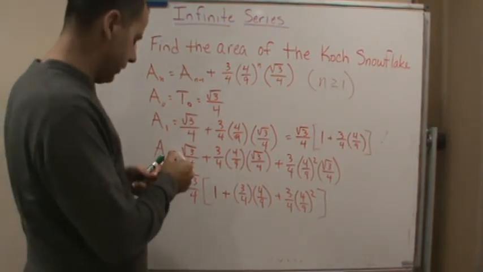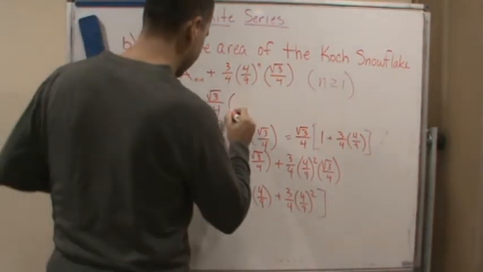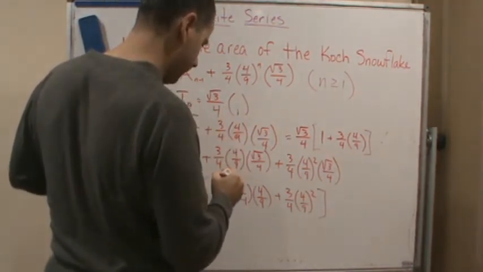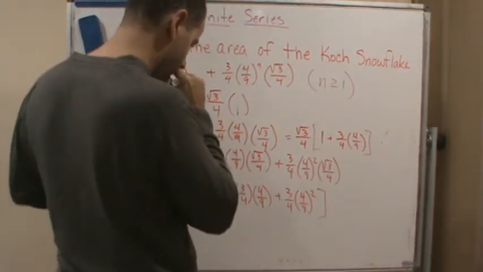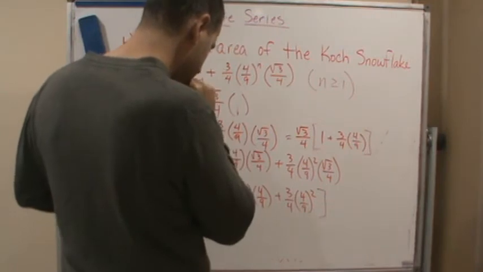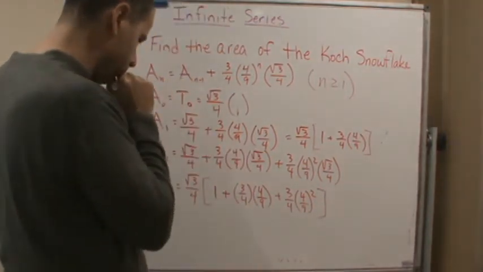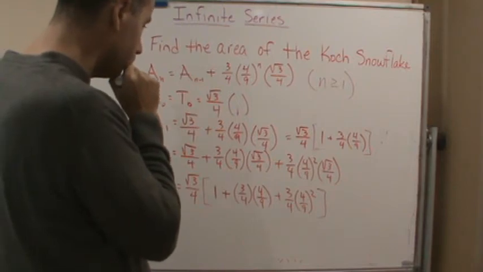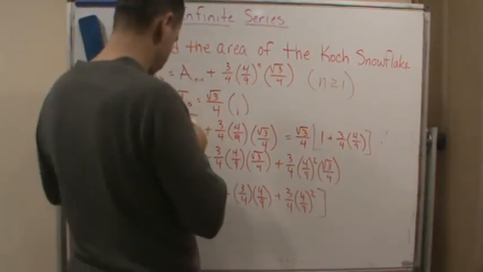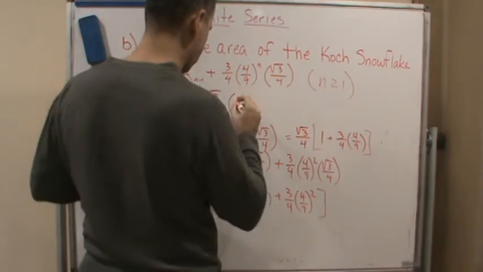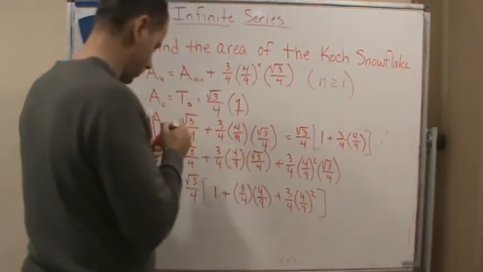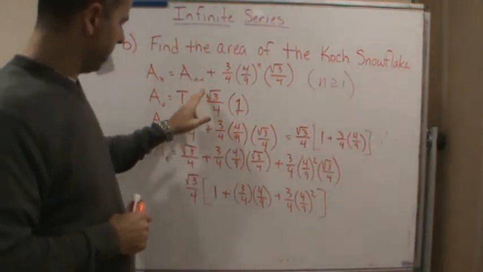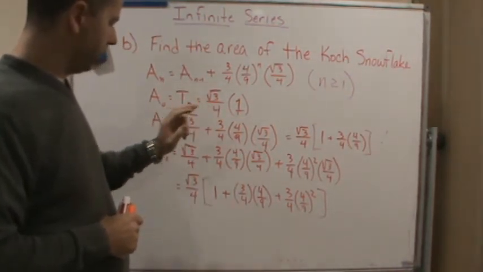So a sub 0, we get the square root of 3 over 4 times 1.